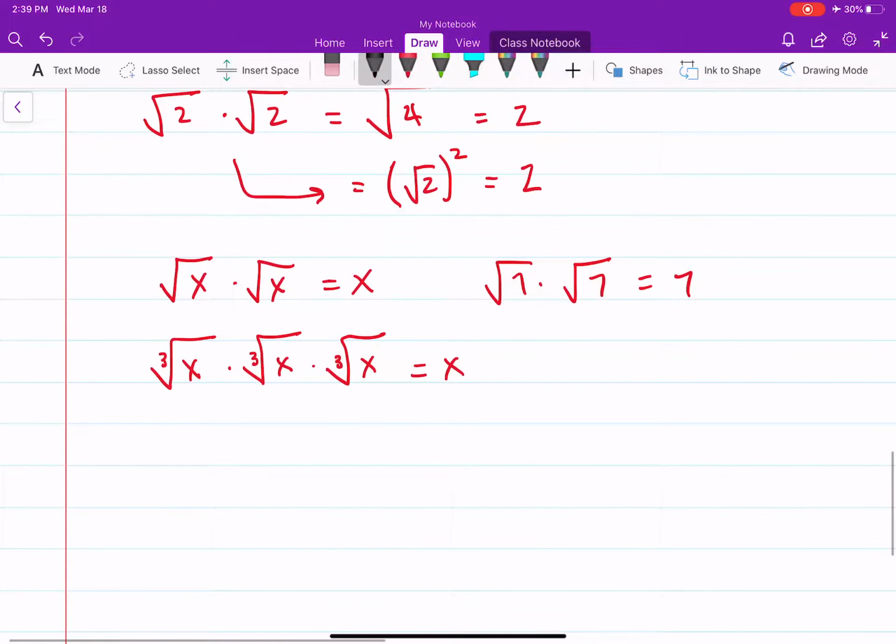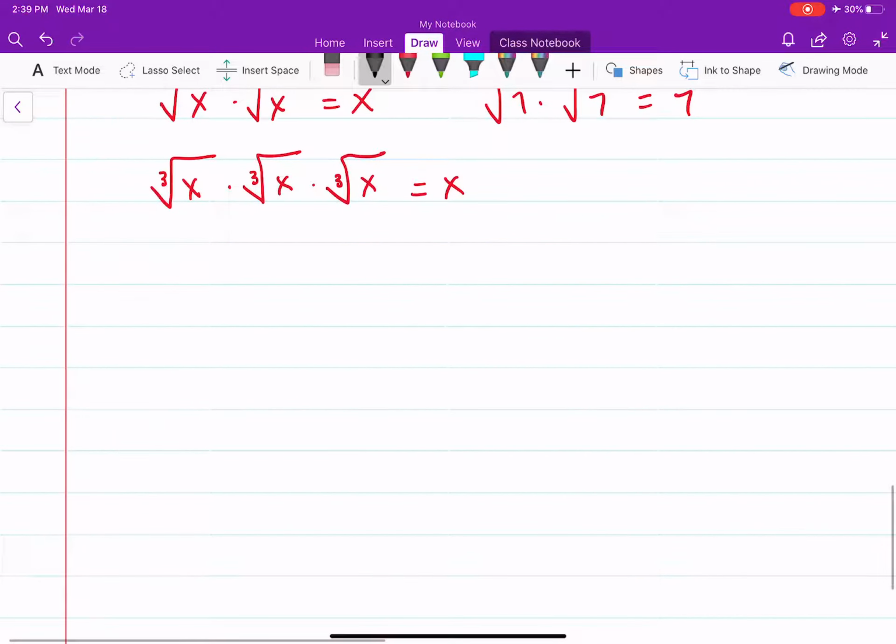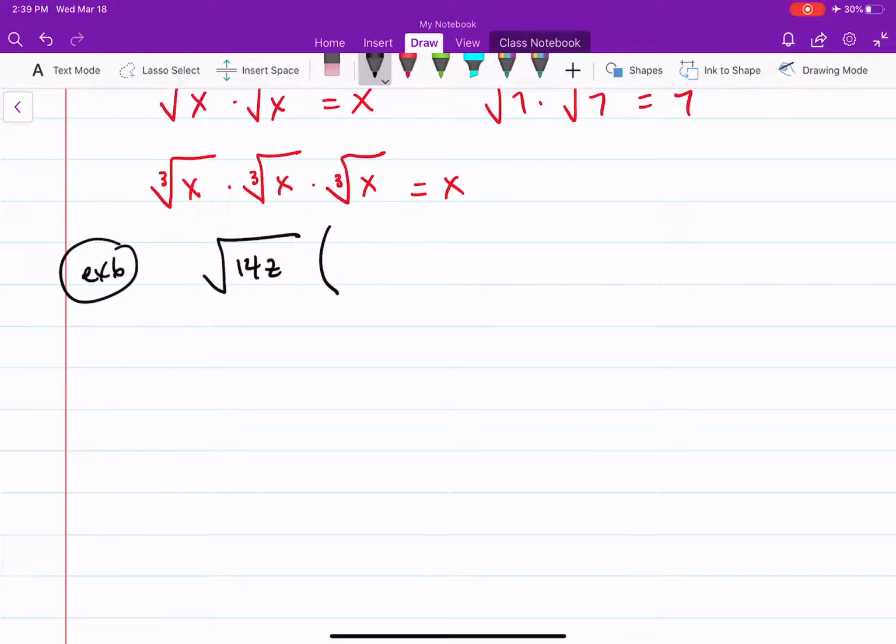So now it's time for our next example, which would be example 6. Let's say I take the square root of 14z and multiply it by the square root of 14 minus the square root of z. Again, same thing, like you said, we would distribute, which is absolutely correct.